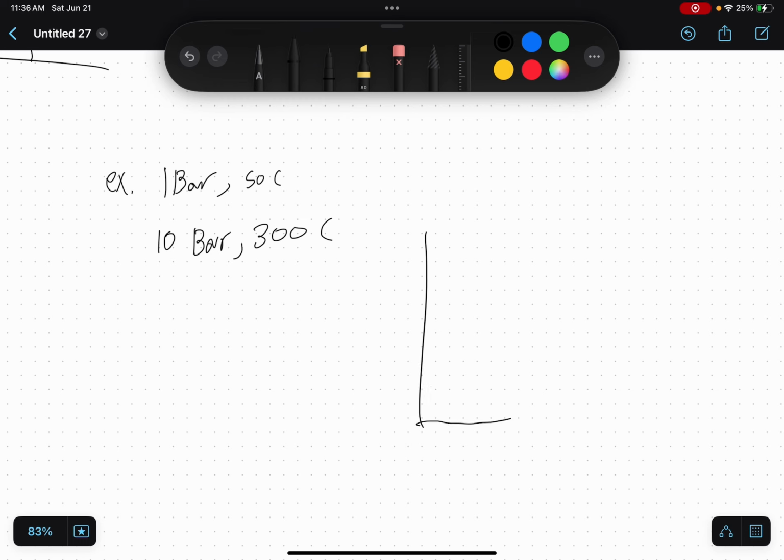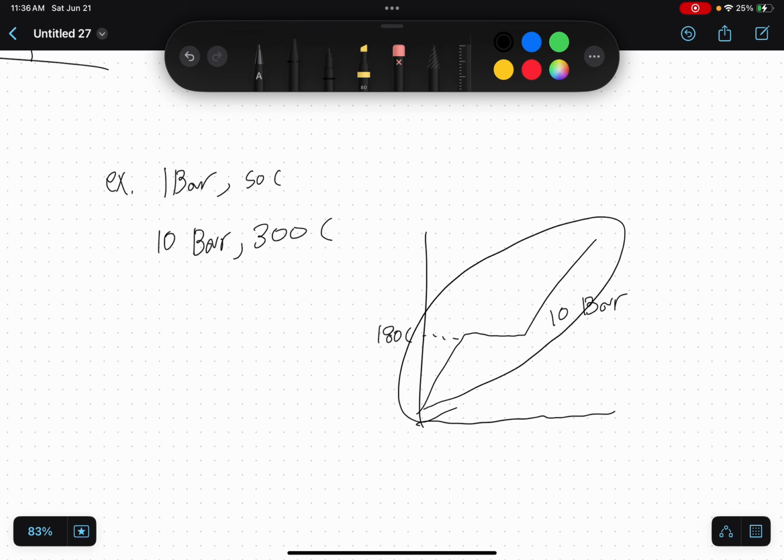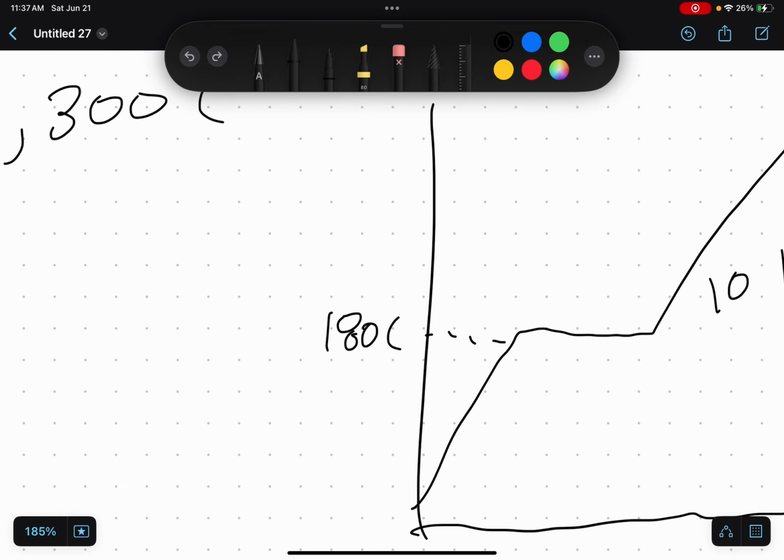So at 10 bar, we know this temperature is 180 Celsius. And this is the plot that we use because we're at 10 bar. We're not at a higher level. We're not at a lower level. We're at this one because this is 10 bar. And this temperature is 180 Celsius.